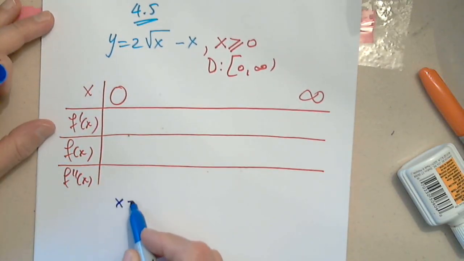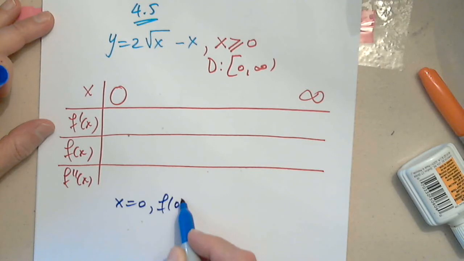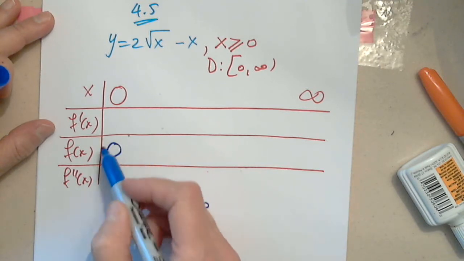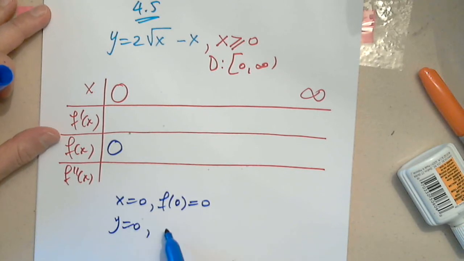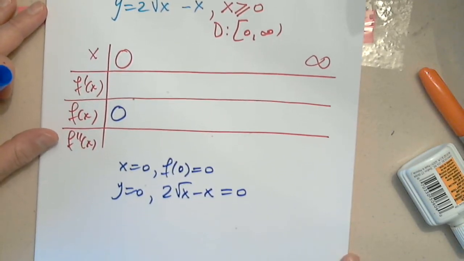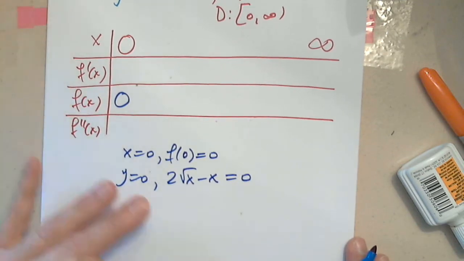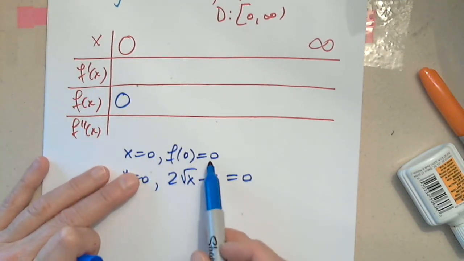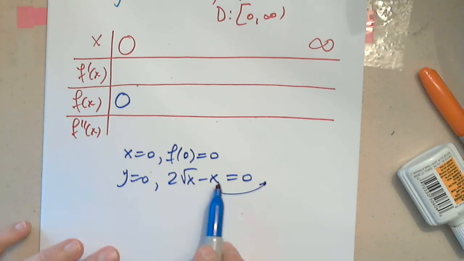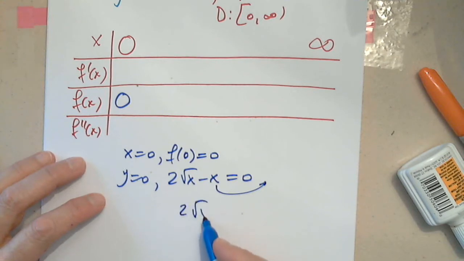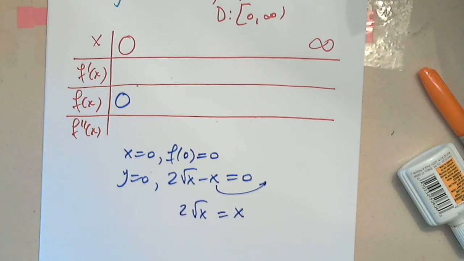So when x is 0, f of 0 is 0. But also, I have to write when y is 0, I have 2 the square root of x minus x equals 0. Because this may give me more. I know that this is already one x-intercept, but maybe there is another. I don't know. So what I'm going to do, I'm going to separate the radical from the rest, because this is a radical equation.